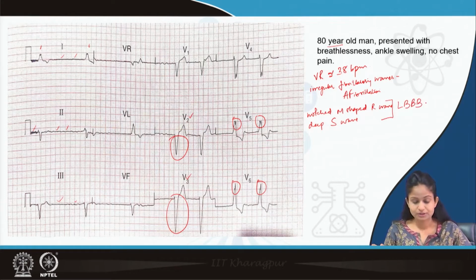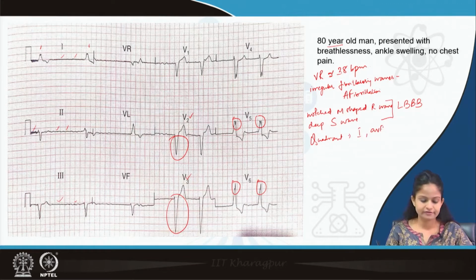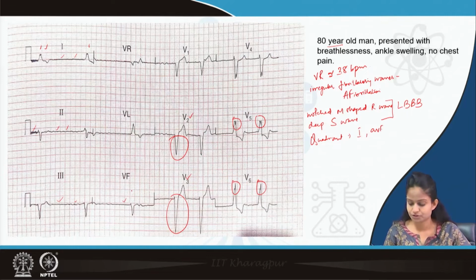For the axis deviation, we use the quadrant approach, looking at lead 1 and AVF. Lead 1 has a positive deflection and AVF has a negative deflection, which indicates left axis deviation. So this ECG shows atrial fibrillation with left bundle branch block.